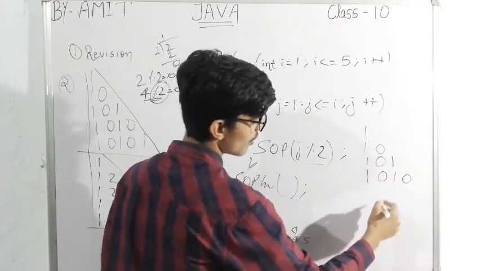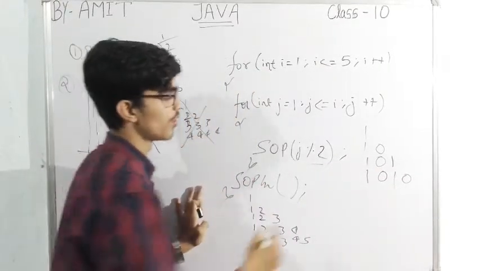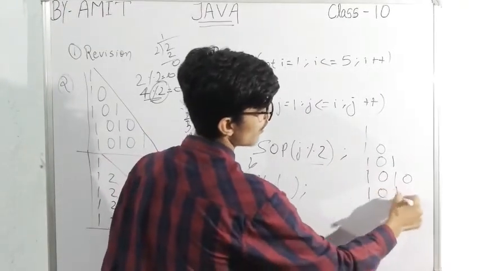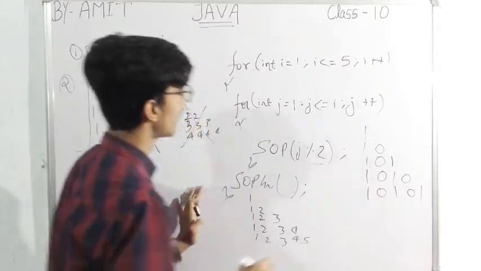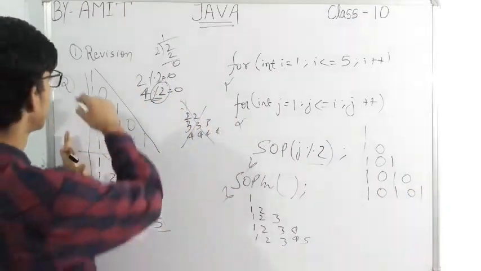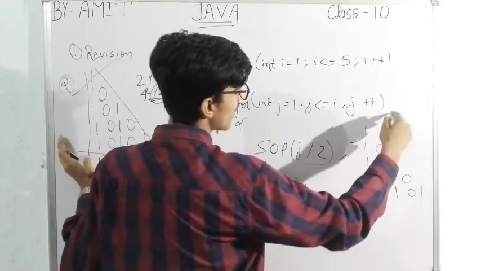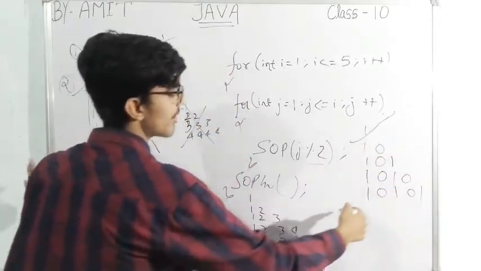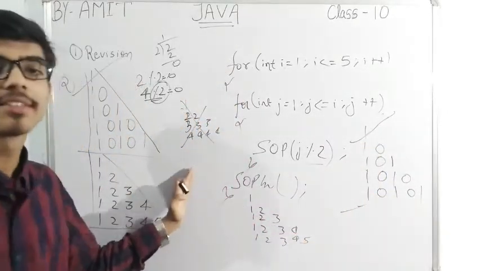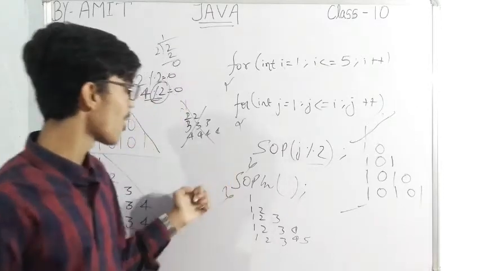Again 1 0 1 0, since 4 mod 2 is 0, and then 1 0 1 0 1. This is the same as the output we got here. So this is correct. Our program is totally correct. So copy this.